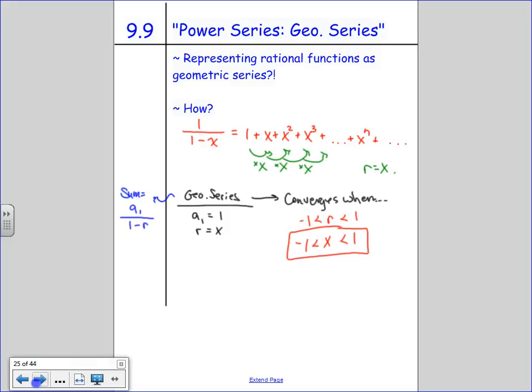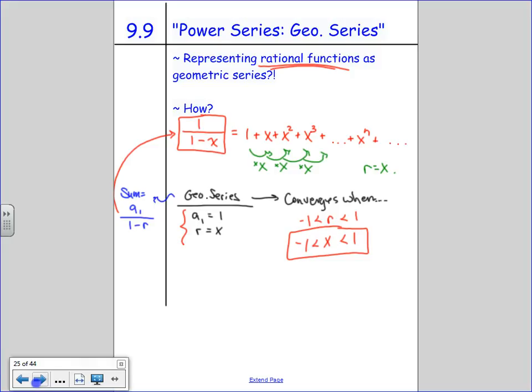Which, applied to this example, would be 1 over 1 minus x. So even though we look at this and say, hey, it's a rational function, aka an f of x over g of x, can I take a rational function and write it as a geometric series? Or can I take a geometric series and write it as a rational function? Yes. Ooh, that's exciting.